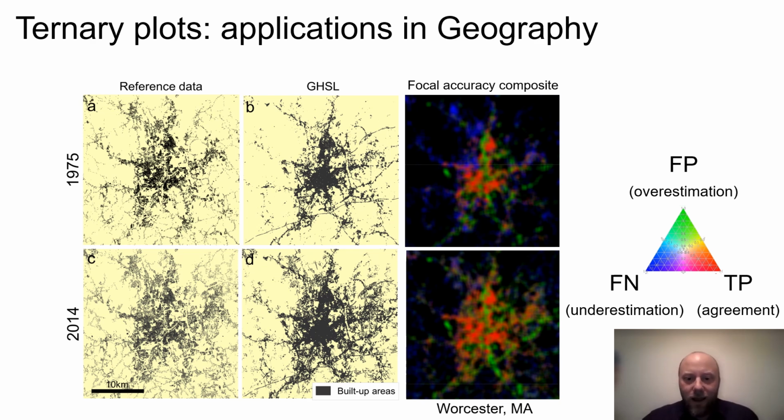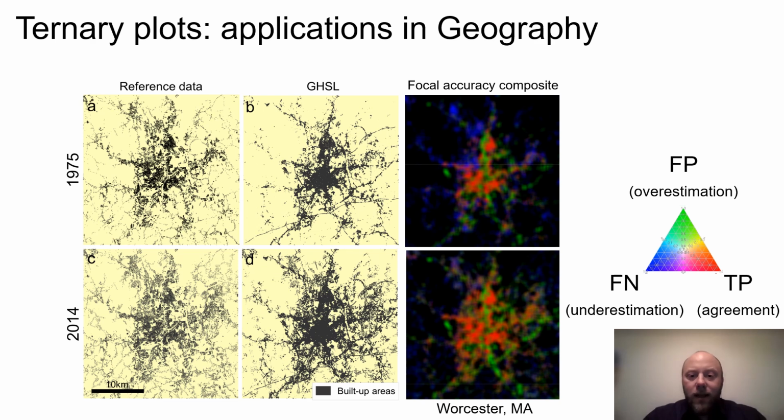So we see the red areas, that means true positives are dominant, whereas blue means the global human settlement layer underestimates, so the false negatives are dominant, whereas green means false positives are dominant, so our data under test actually overestimate or are characterized by a commission error. So this is what this tells us.